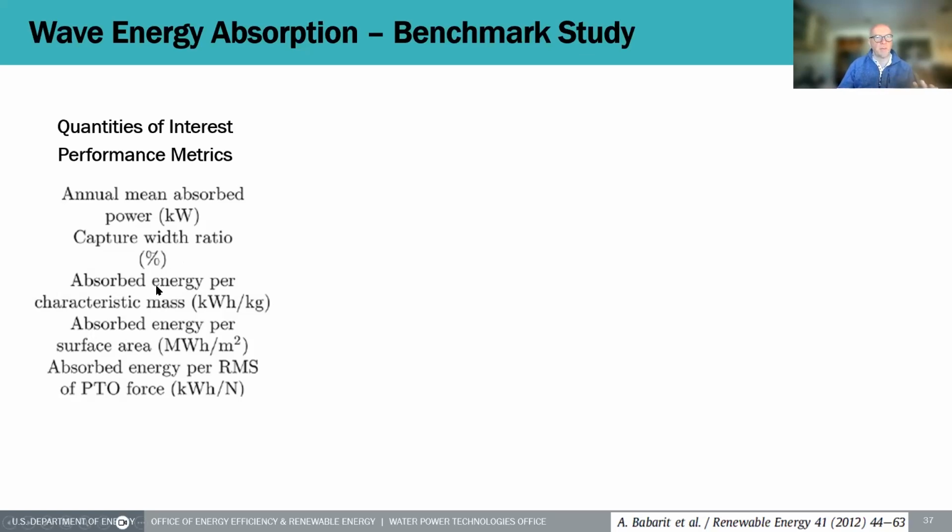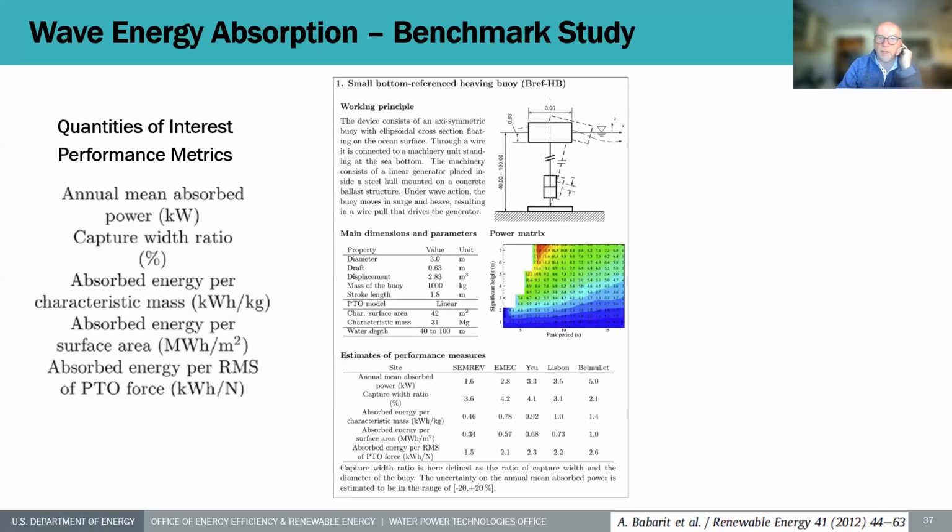We can also relate the absorbed power to a characteristic mass, to a characteristic surface, which is maybe an identification of constructed surface that needs to be done, or the intensity in which the PTO needs to work, so force of the PTO. And all these quantities have been identified in simulations for 8 different systems. And I just want to show you this.